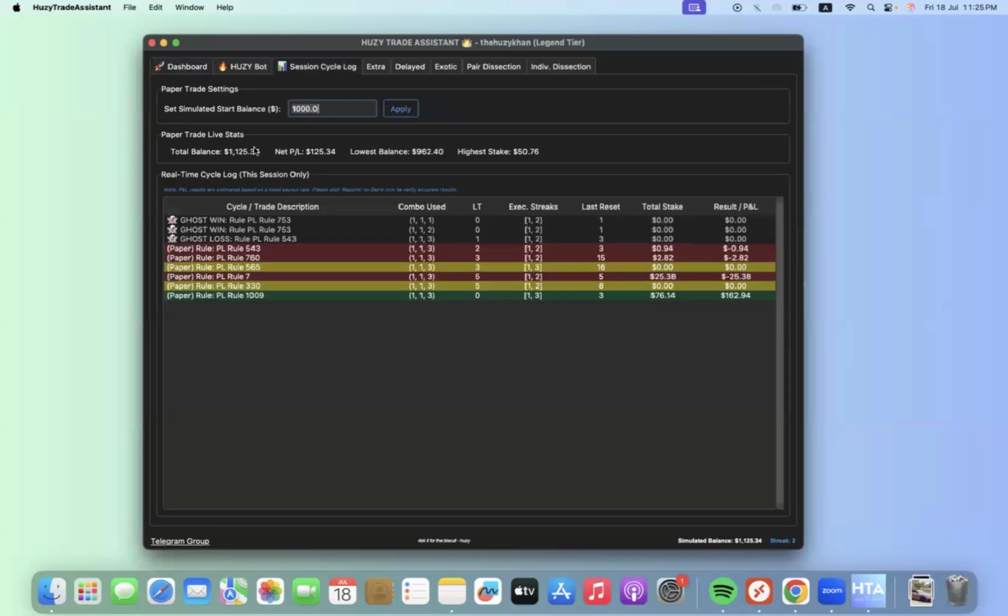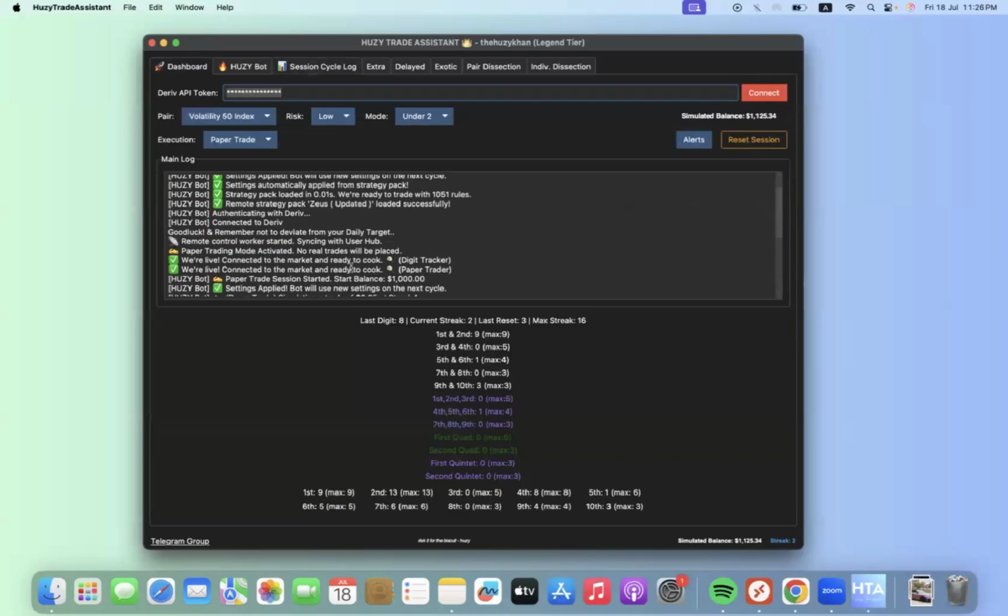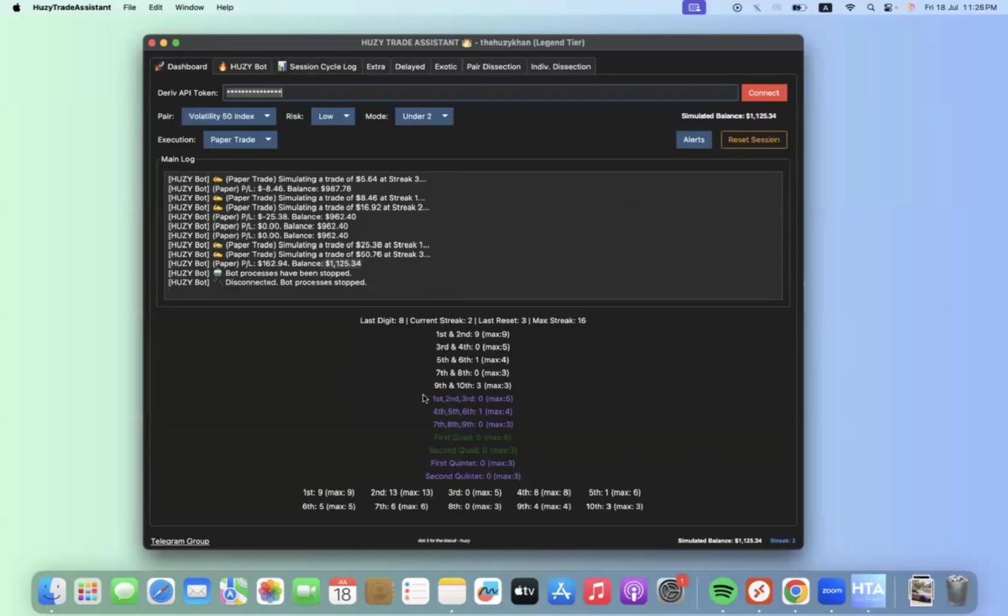And if you head over to the session cycle log, you're going to be able to see that even with under two, the lowest our balance went to was hardly, I guess, 40 to 50 bucks. And the net total profit as of right now is 125. The high stake went was 50, which happened in front of you on the live market.